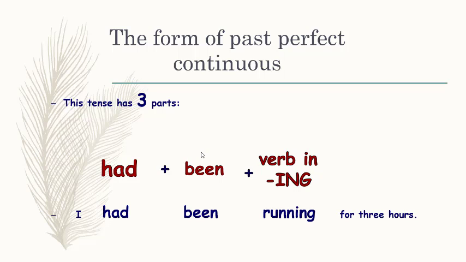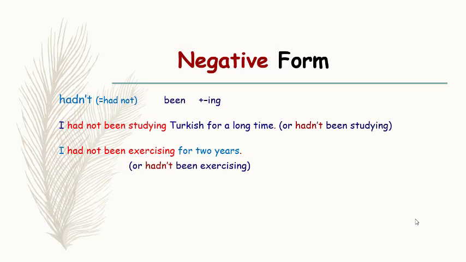The form of past perfect continuous has 3 parts. The first part is had plus been plus verb in ing. Like here, I had been running for 3 hours. Be careful, we have to use the duration of time, like for 3 hours. Okay, here, the negative form.